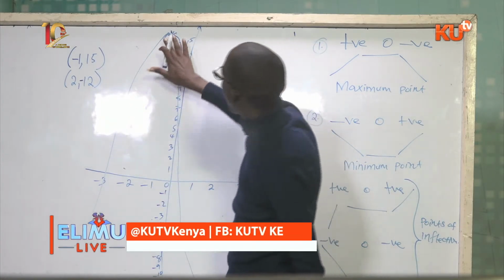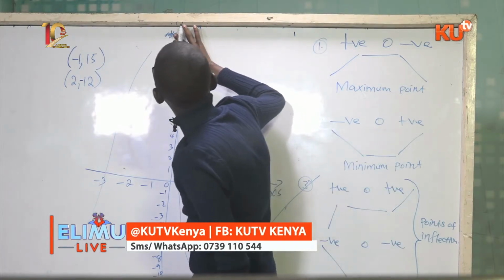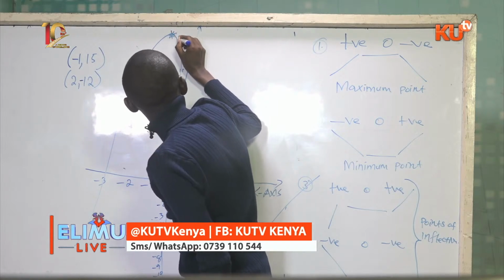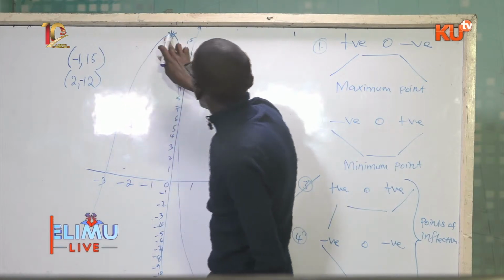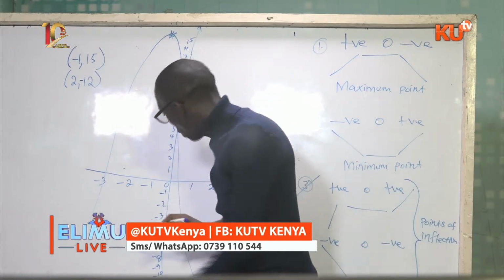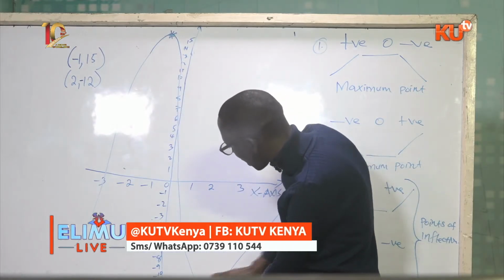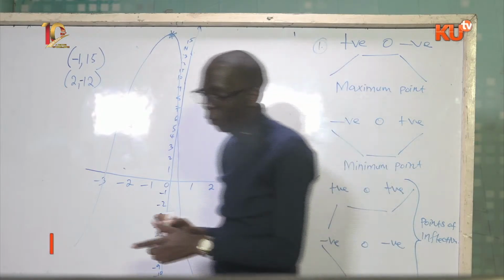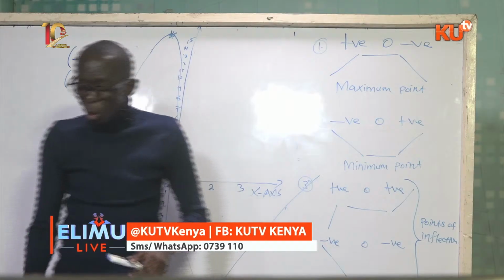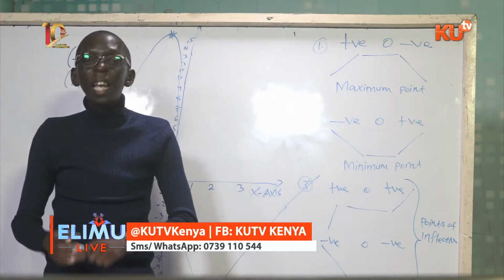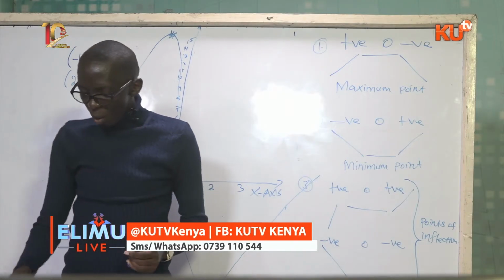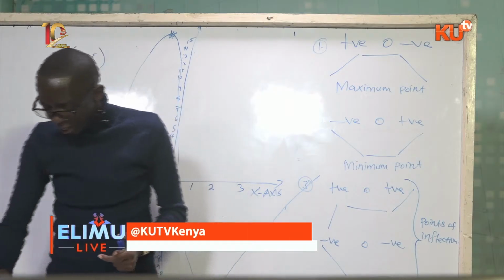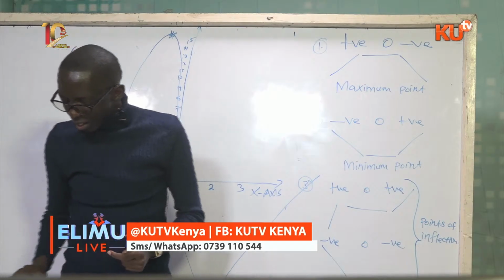What is important, my dear student, is does your curve show that it turns at this point, -1, 15, because this is the turning point? Does your curve show that it turns again at 2, -12? So that is how we do questions on stationary points. As I conclude, I'll read some of the messages that you are sending.